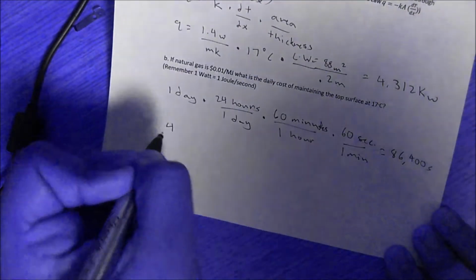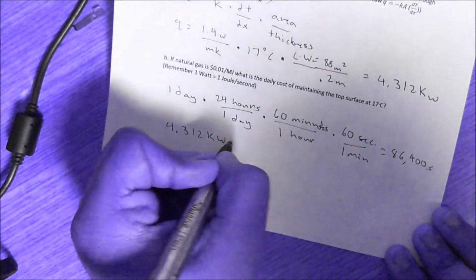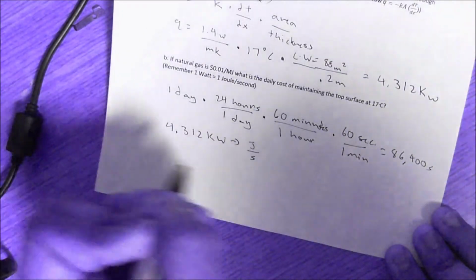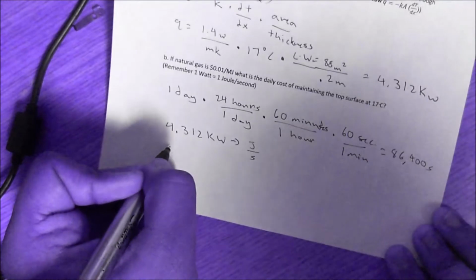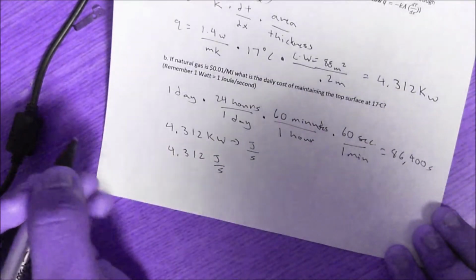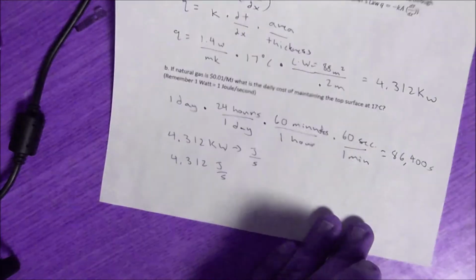Now we also take our value that we determined in the last part, 4.312 kilowatts, and we need to convert it into joules per second. In joules per second, it would be 4.312 kilojoules per second, because 1 watt is equal to 1 joule per second.